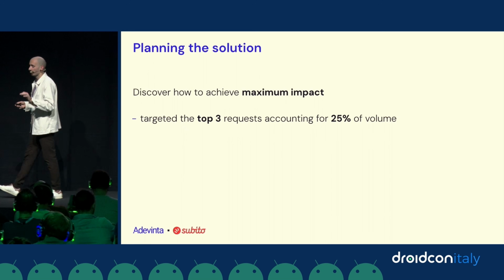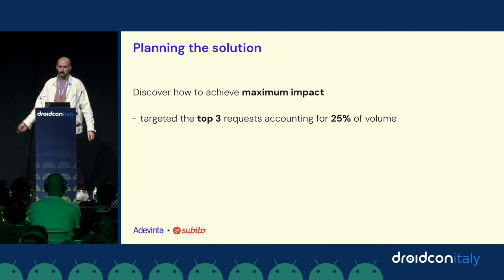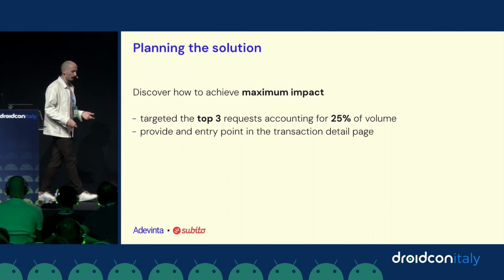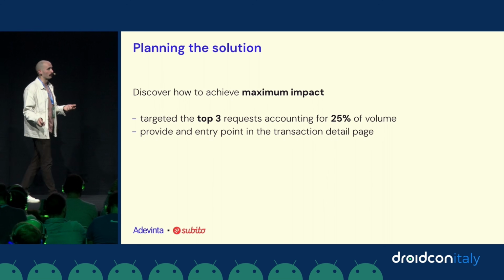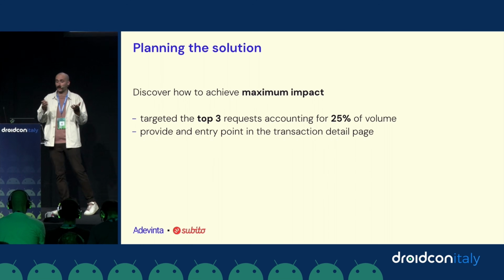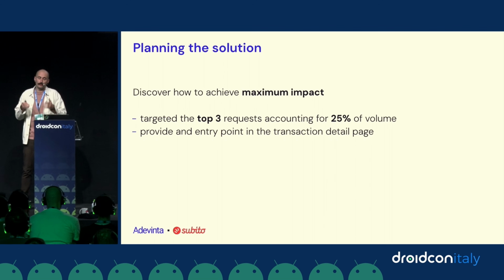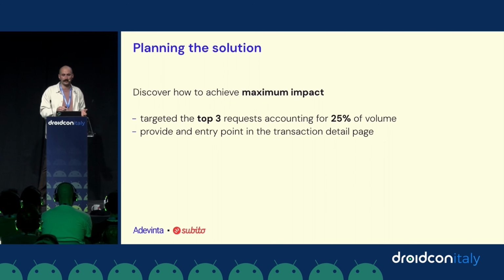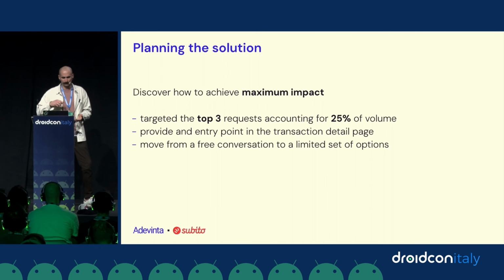So we targeted specifically those 3. We had to find a proper entry point for the user to join. For example, in this case, we had decided to go on the transaction page. That seems obvious, but we had to try out which might be the best.